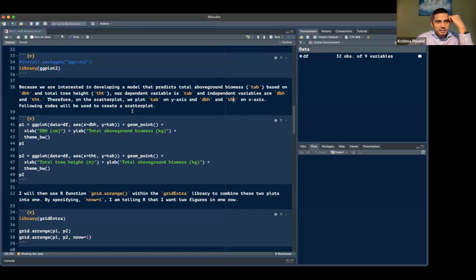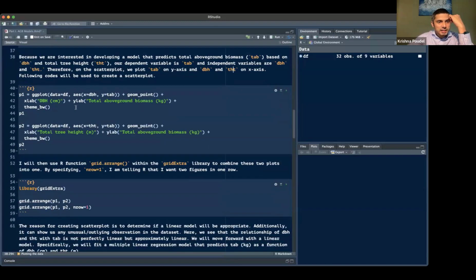Because we'll have 2 plots, I saved the first plot as P1 for plot 1, and the second plot as P2. ggplot is the plotting function, and I need to provide the dataset name, which is DEF in this case.